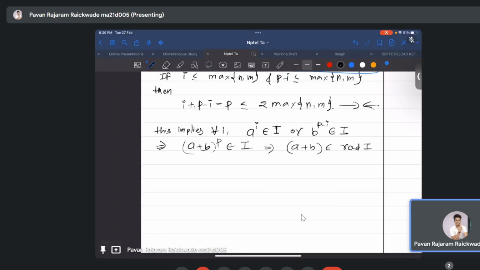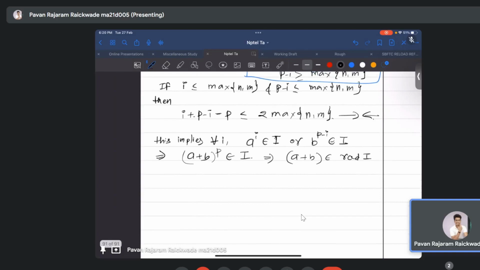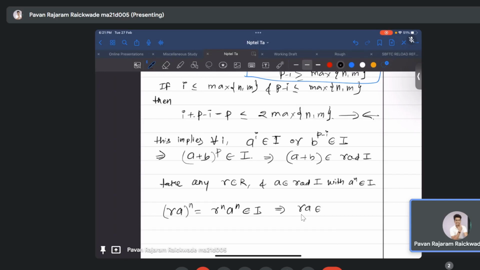Okay, so now we have to show the multiplication. Take any r belonging to the ring and a belonging to rad I. There exists n with a^n in I. And (ra)^n, since you have a commutative ring, is r^n a^n. Since a^n is an element of I, you multiply it with any ring element and that will again belong to I. This implies ra belongs to rad I. So this is clear.